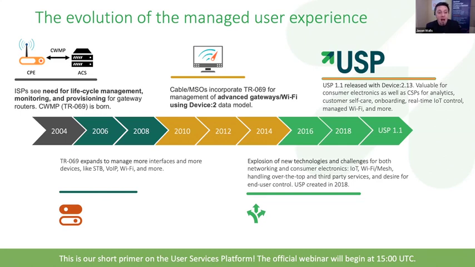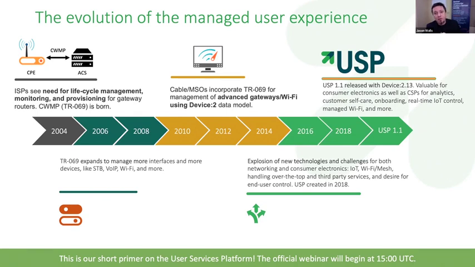And then over that time, we added more stuff. So TR69 at the time was a combination of the protocol itself and what we call a data model, which is a description of the devices and how you describe their capabilities and the ability to manipulate them. Initially we were just modeling gateways, and then we started modeling things like set-top boxes and voice over IP functionality and Wi-Fi interfaces.